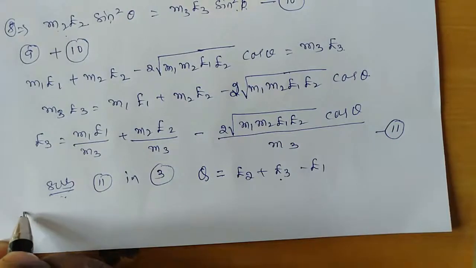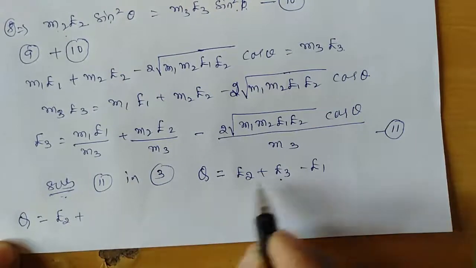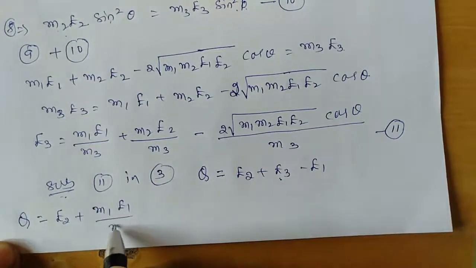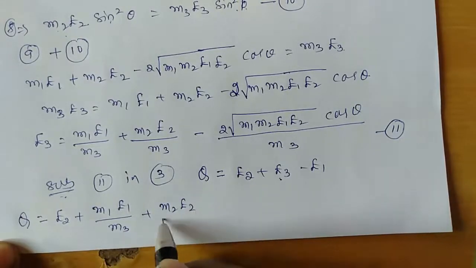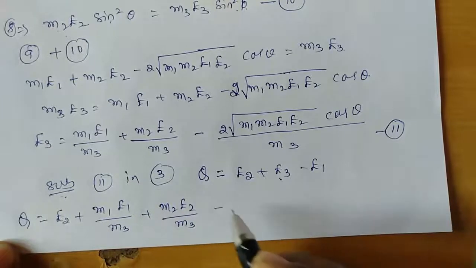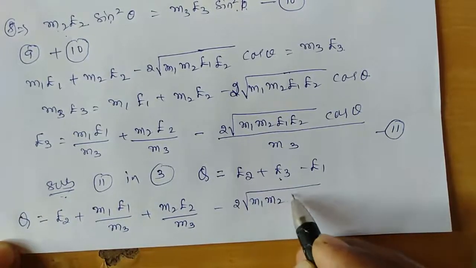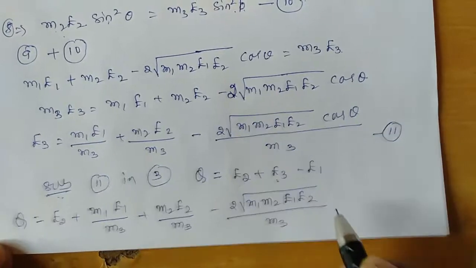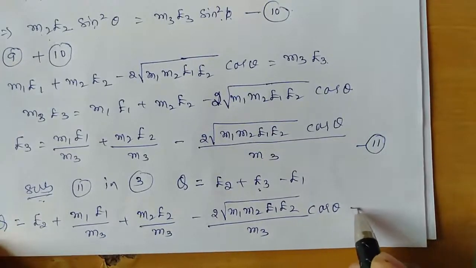So I'll write equation 3 as Q is equal to e2 plus, in the place of e3, m1 e1 divided by m3 plus m2 e2 divided by m3 minus 2 into square root of m1 m2 into e1 e2, the whole divided by m3 into cos theta, minus e1.